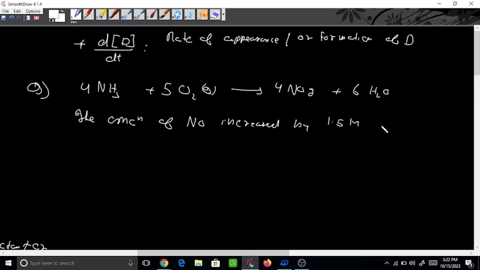The concentration of NO is increased by 1.5 molar in 10 seconds. This information they have given. Calculate the rate of reaction. Calculate the first part, the rate of reaction.